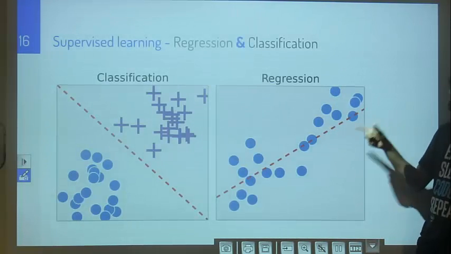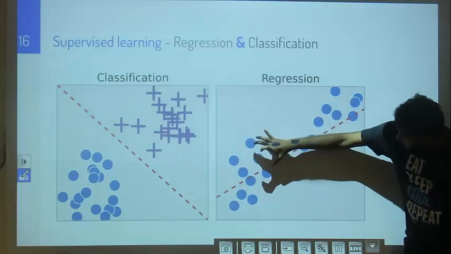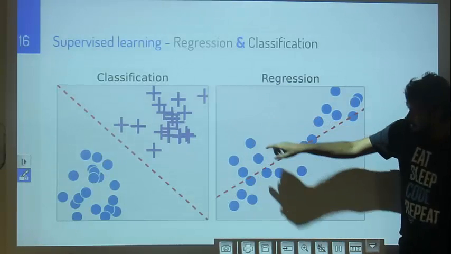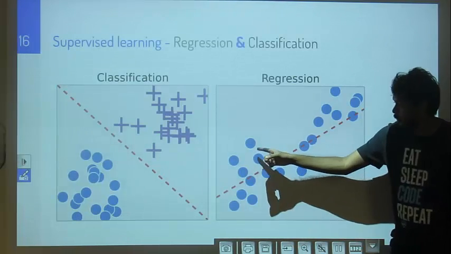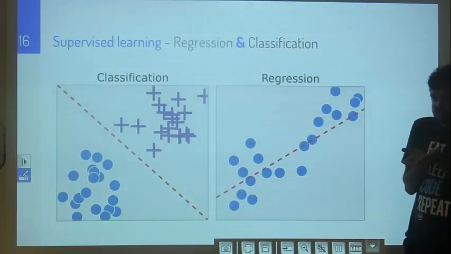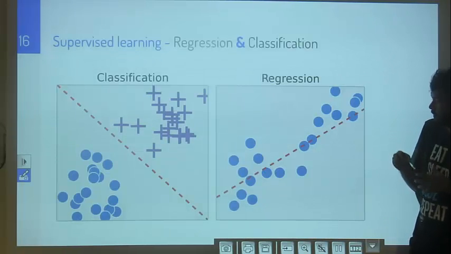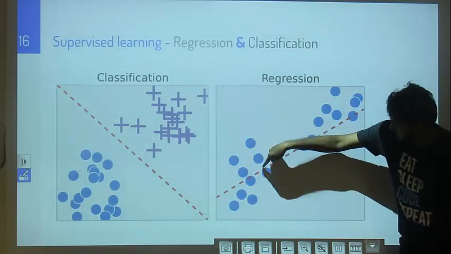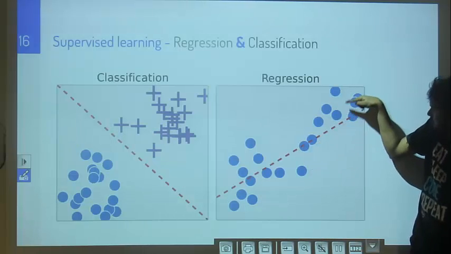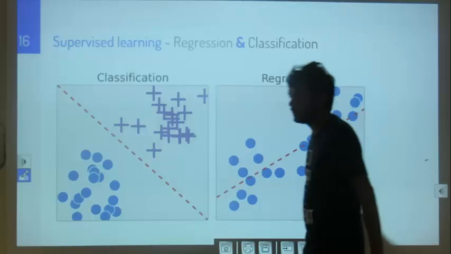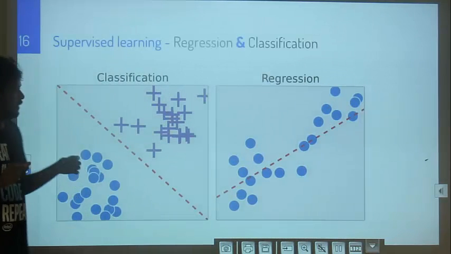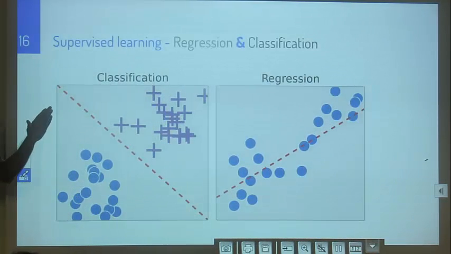The cost function here is the distance between the point and your line, right? The sum of all these distances is the final cost of your model. So you are trying to minimize that cost and get the best line that minimizes it.